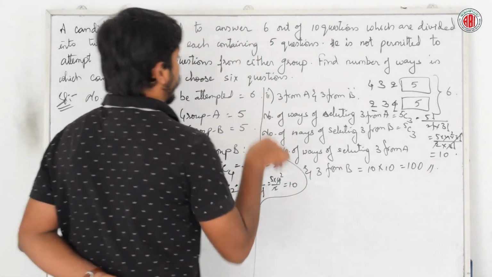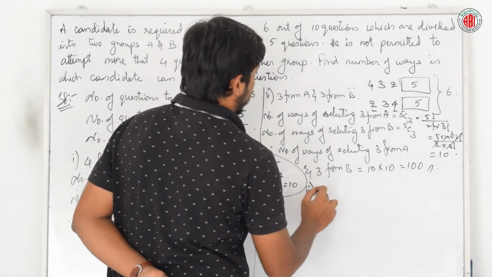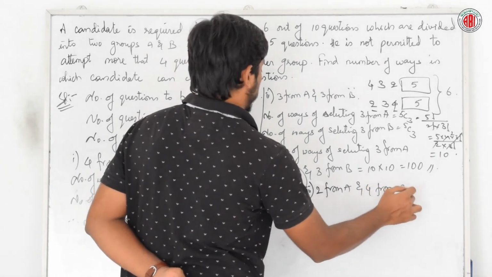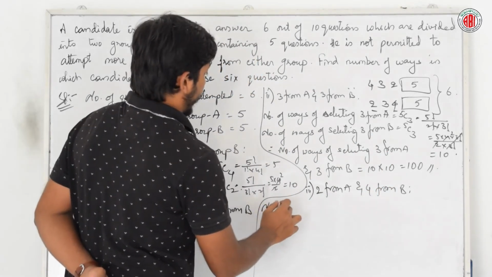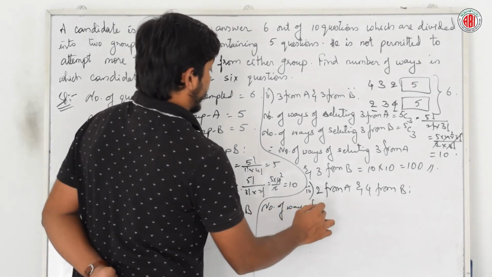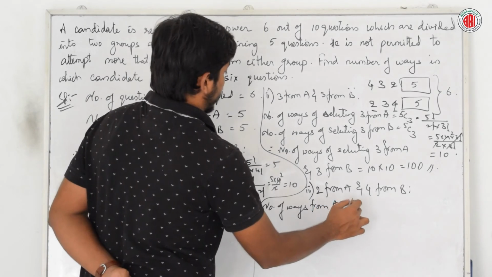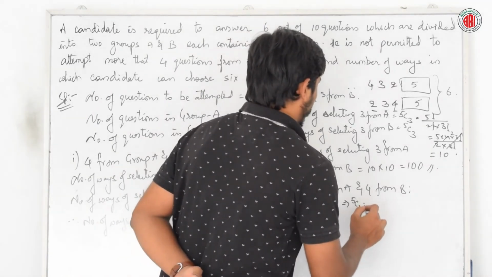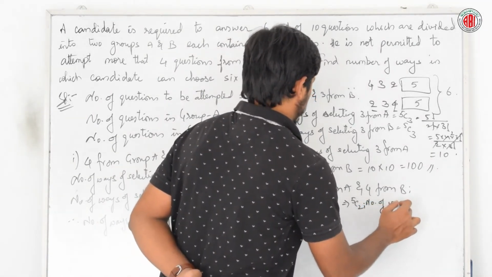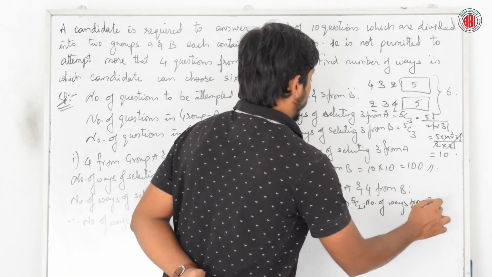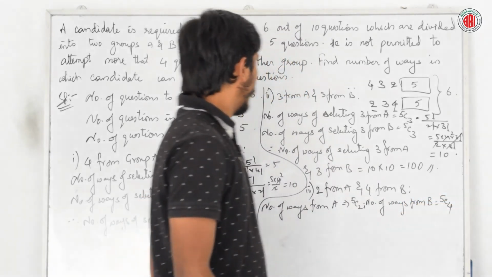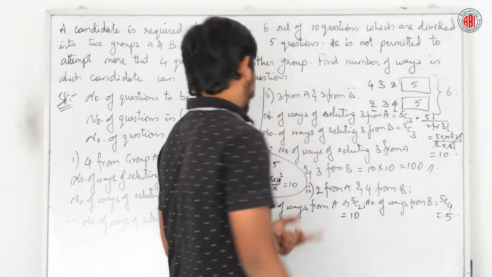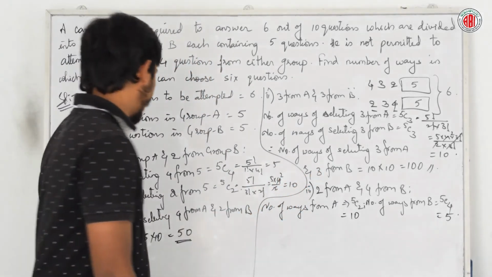And the third case, 2 and 4. Third case is 2 from A and 4 from B. The number of ways of selecting from A is 5C2. Is it right? Next, the number of ways of selecting from B is 5C4. What is 5C2? 10. 5C4 is 5. This is 10. This is 5. If I multiply both, I will obviously get 50.